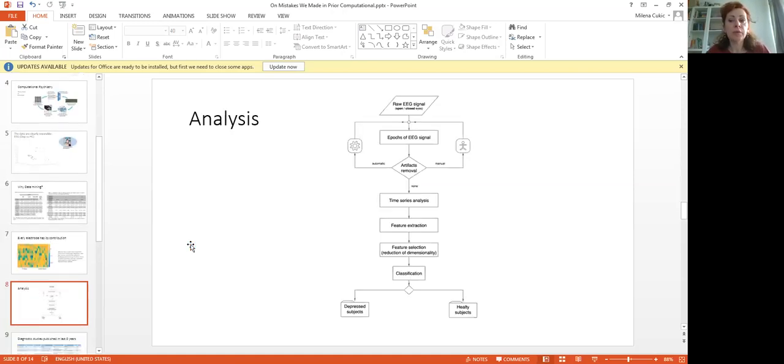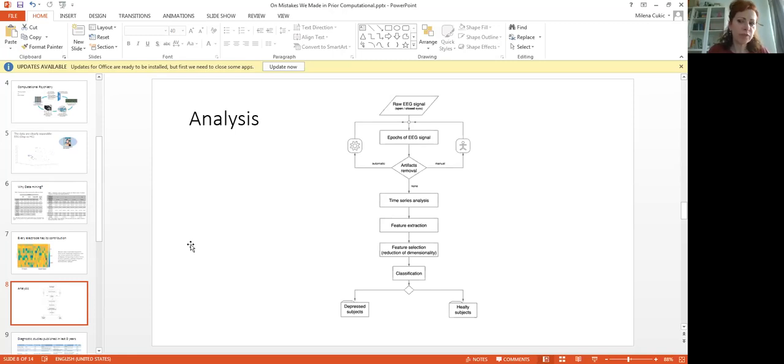So very early on in our research, we realized that we cannot compare research due to the very wide variety in methodologies applied. So we tried to discuss every single step of the analysis. For example, how the signal was recorded, how it is pre-processed.